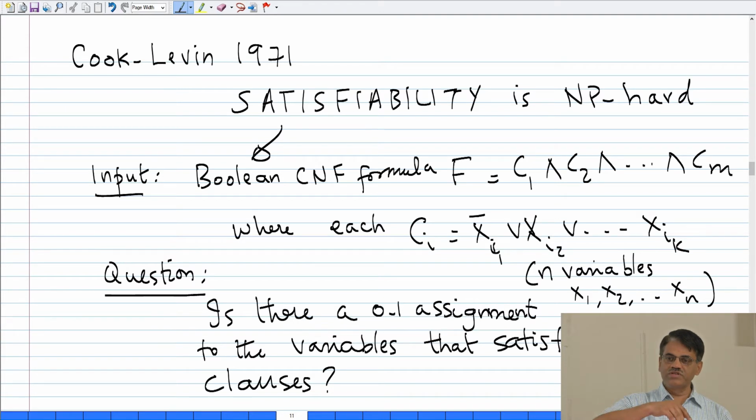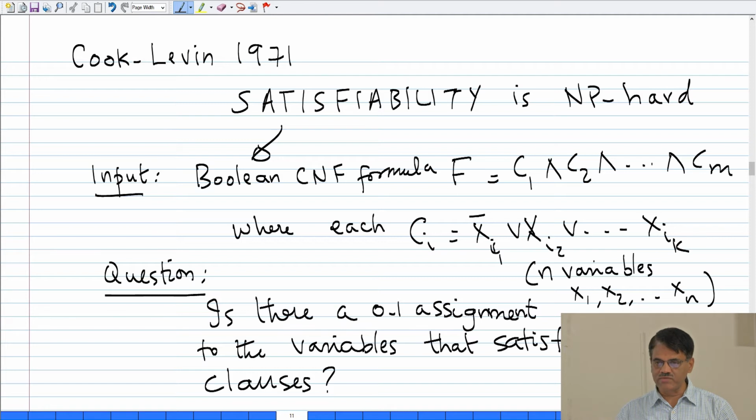that this Turing machine on this input will say yes in polynomial time with a certificate if and only if this formula has a satisfying assignment.